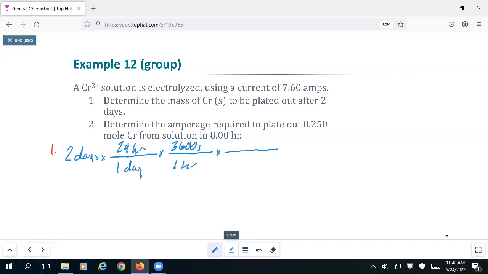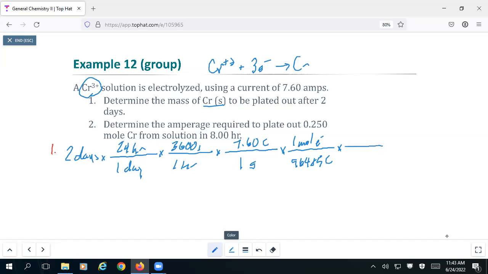And now we start to apply the electrical data. Every second gives us 7.60 coulombs. There are 96,485 coulombs in every mole of electrons. And since we're going from chromium 3 to chromium, the balanced equation has three moles of electrons for every 1 mole of chromium.